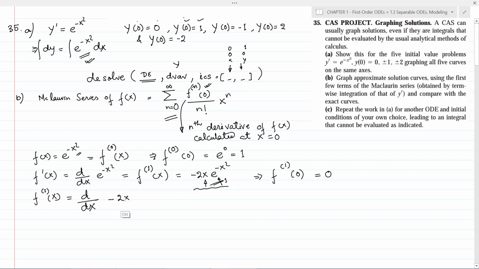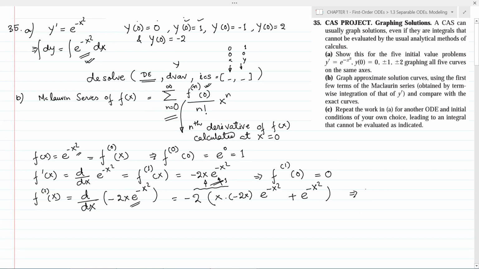So, minus 2 x e to the power minus x square, which is equal to minus 2 multiplied by derivative of this term, which we can use the product rule to write x multiplied by minus 2 x e to the power minus x square, that is the first term multiplied by the derivative of the second term, and then the second term e to the power minus x square multiplied by the derivative of the first term, which is x.